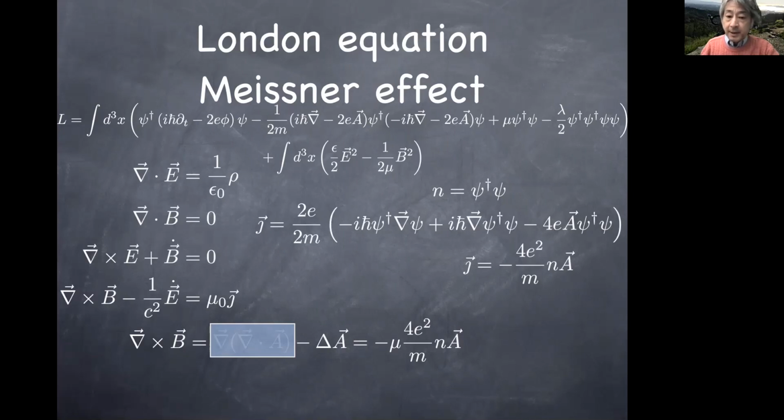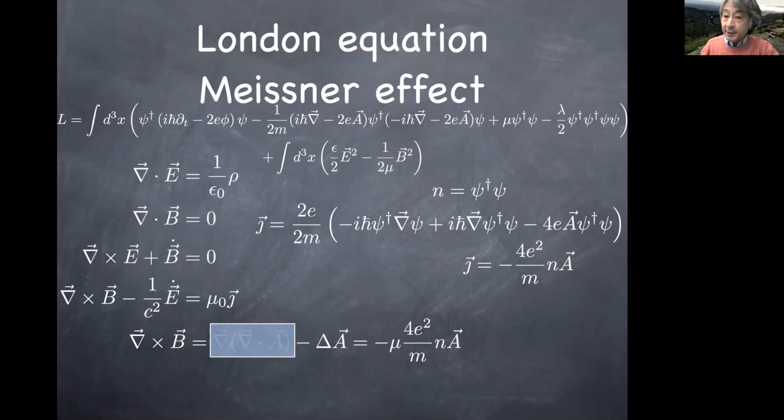And this is the electrical current we derived from the Schrödinger field. We took the constant condensate, so the current was simply proportional to the vector potential itself. And you find this unusual equation that the Laplacian of the vector potential is given by the vector potential itself.